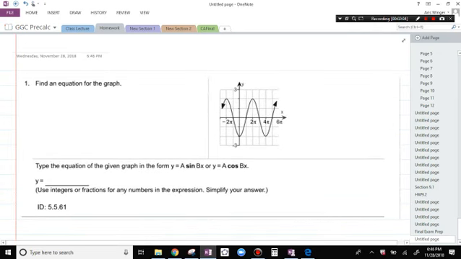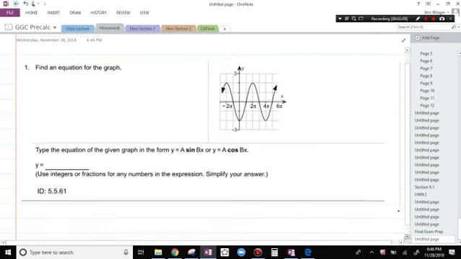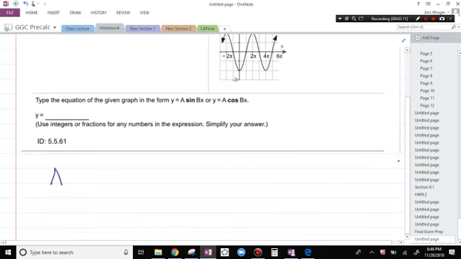I know we've done this before, but let's go ahead and refresh. So when we have A times the sine of bx, or A times the cosine of bx, it's going to be one of those two things.